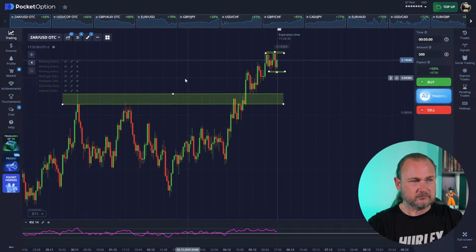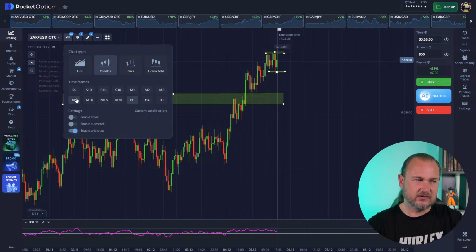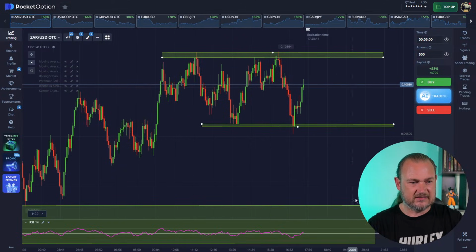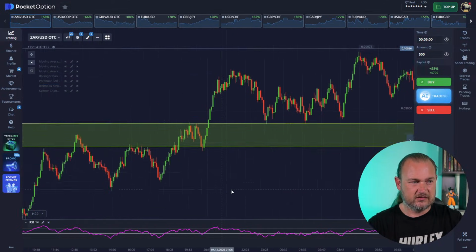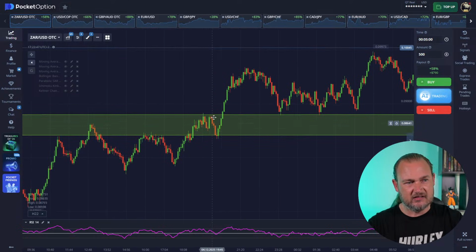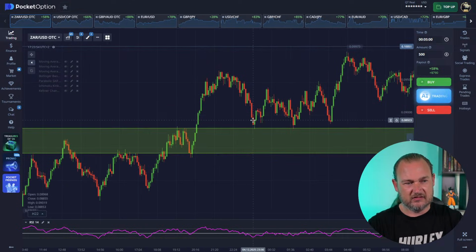So I can use this area, although this is a massive area. It's not the ideal example, but I can now use this area here as a support area as well. And if I scroll a bit back, we can see how our price behaved here, and we could have had trade opportunities here as well.